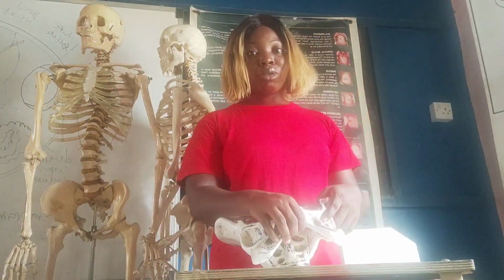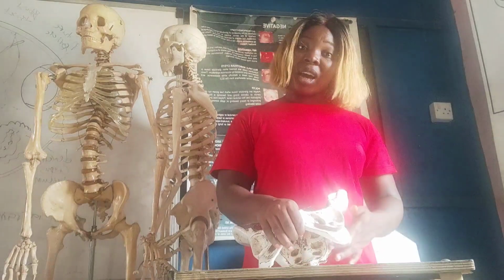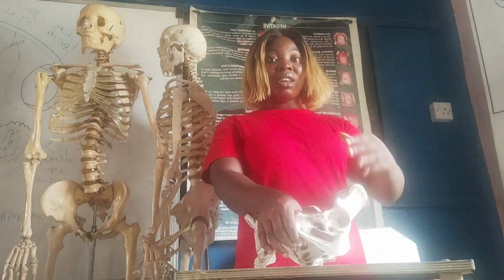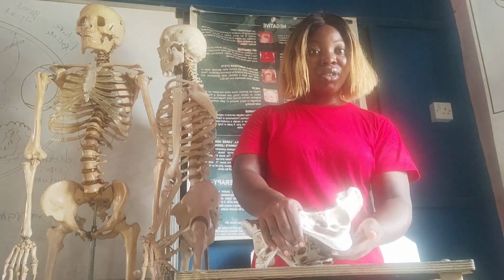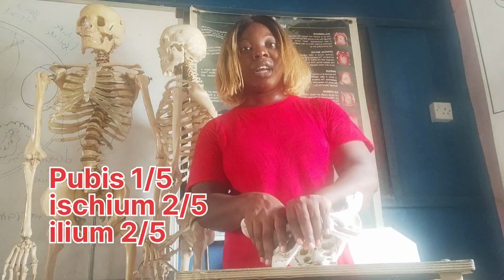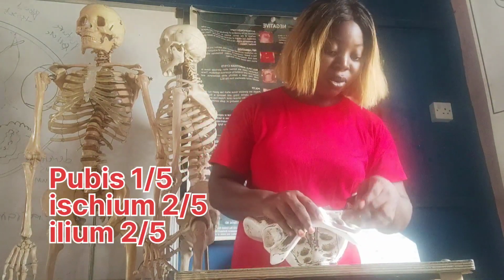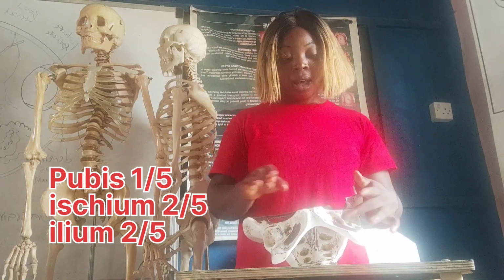So let's go to the pubis. The ischium is the inferior part, while the ilium is the superior part of this innominate bone, and this pubis is the anterior part. It forms 1/5 of this acetabulum, so it contributes a lesser amount.